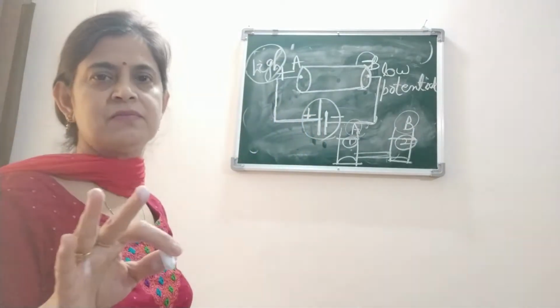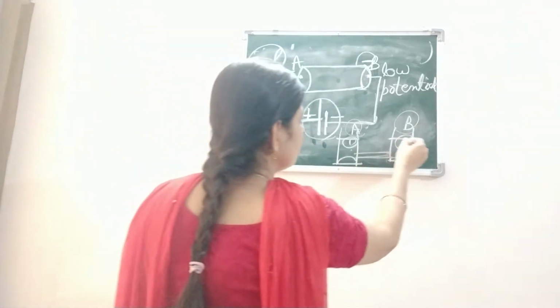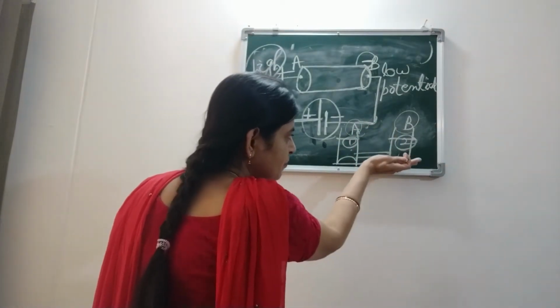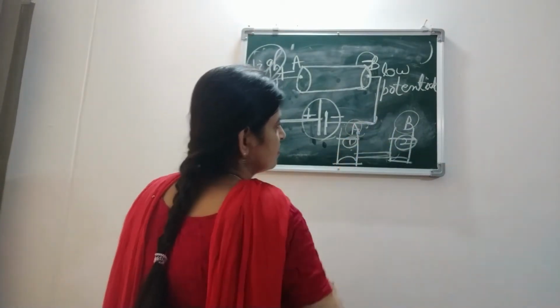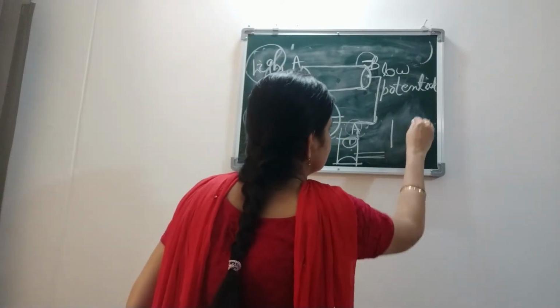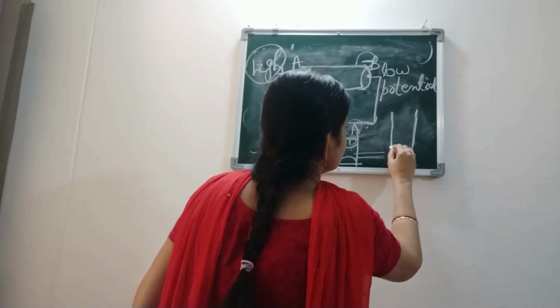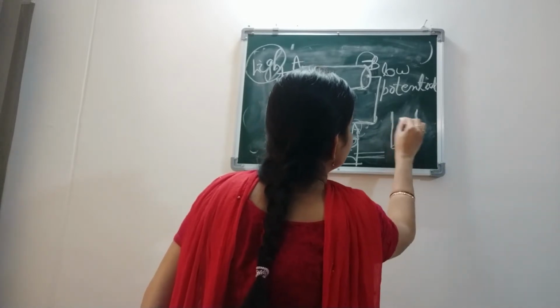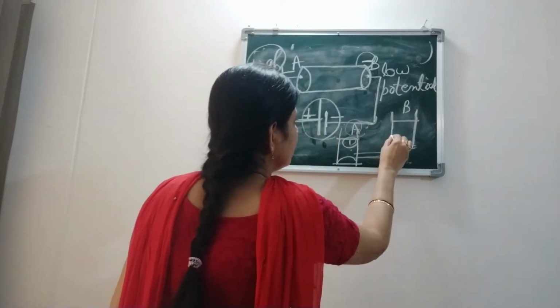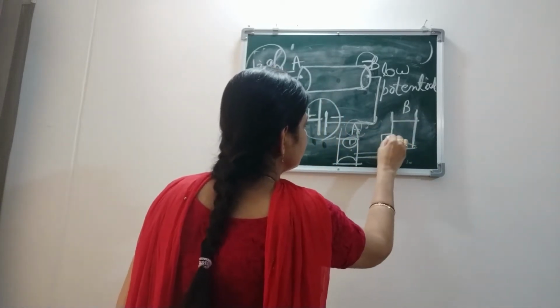We cannot say anything about the potentials of beakers A and B. If we uplift beaker B, suppose, that means now the beaker is here, water level is the same, and the pipe is connected.